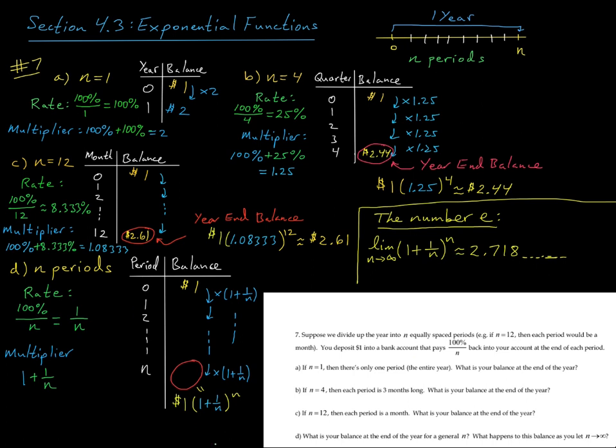If I were to compound 10,000 times, you might say that's great, 10,000 payments. But notice that your rate is also going down. So there's this balancing effect. This number 1 plus 1 over n is just slightly over 1, and if you raise that to a large power, it's going to start to converge to this number that's around 2.718.